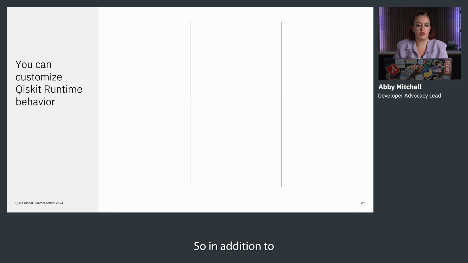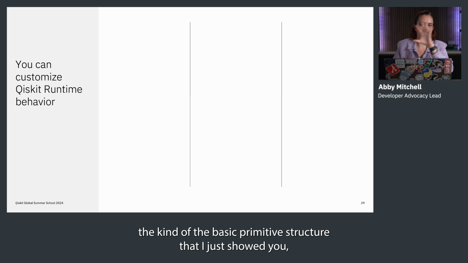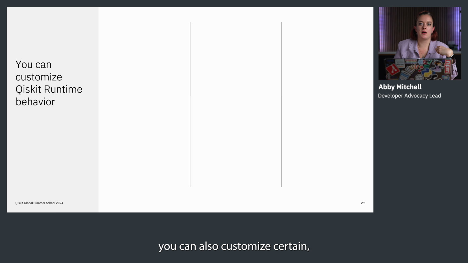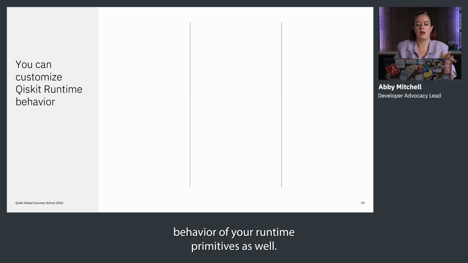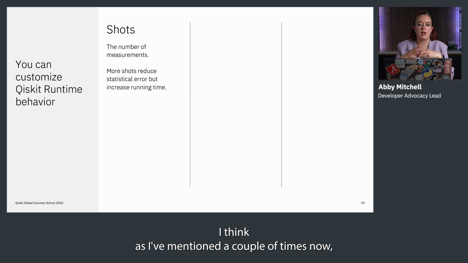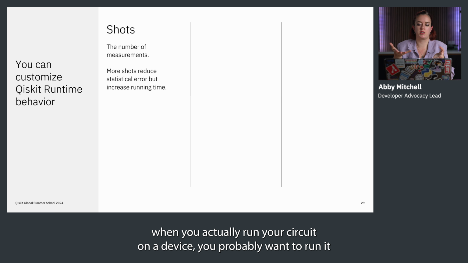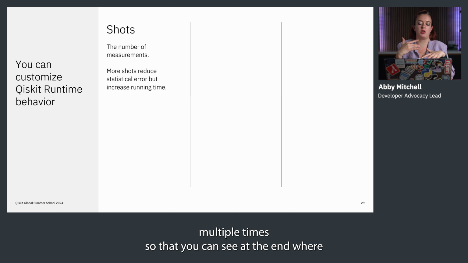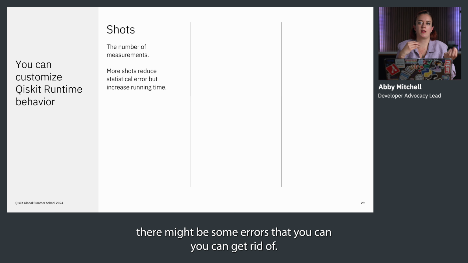Okay, so in addition to the basic primitive structure that I just showed you, you can also customize certain behavior of your runtime primitives as well. The first thing is the number of shots. As I've mentioned a couple of times now, when you actually run your circuit on a device, you probably want to run it multiple times so that you can see at the end where there might be some errors that you can get rid of.